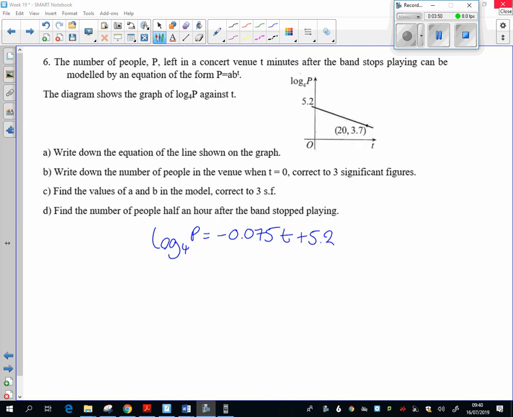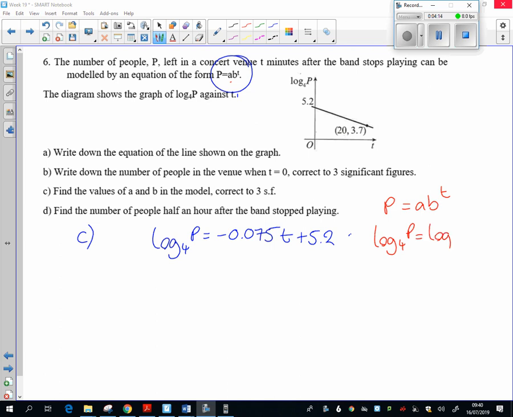Okay, so part C. So I've got this linearized version of the equation. They told me that the original model could be modeled by that exponential equation. So if I linearize this, I'll just try and fill that in over here. Okay, if you already know what this result is, then that is fine. So they are taking log to the base 4.